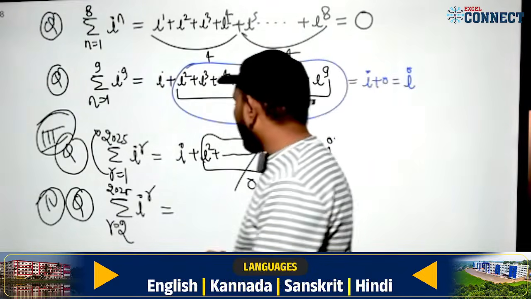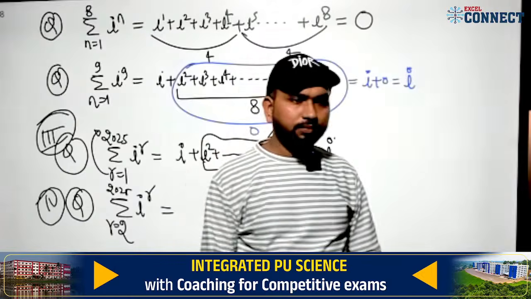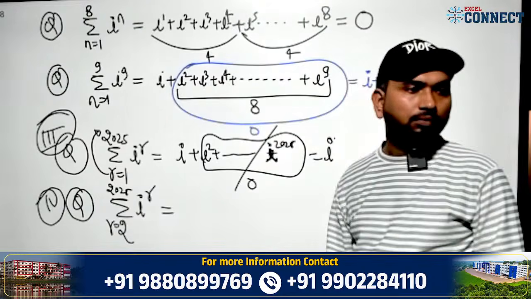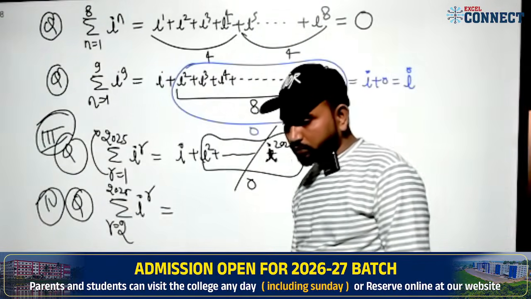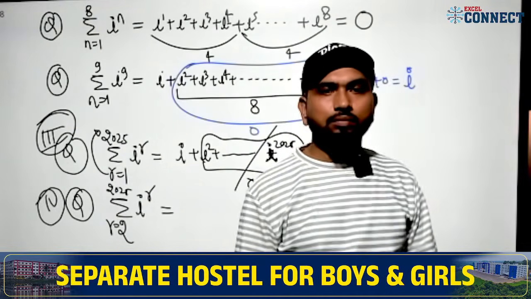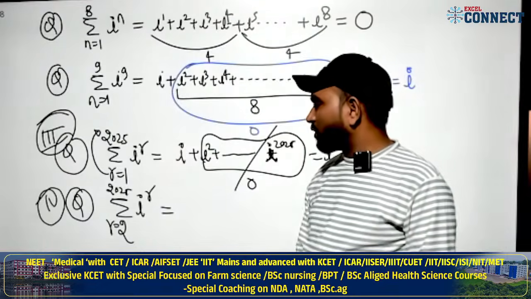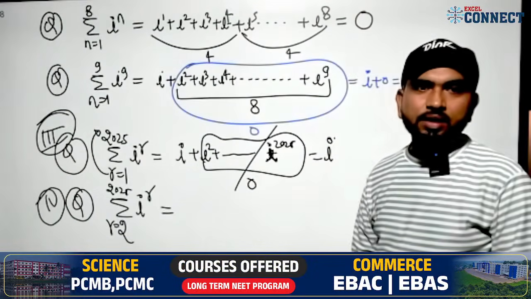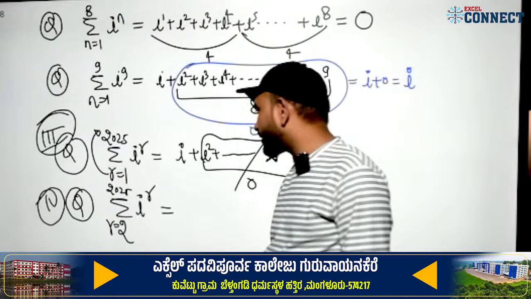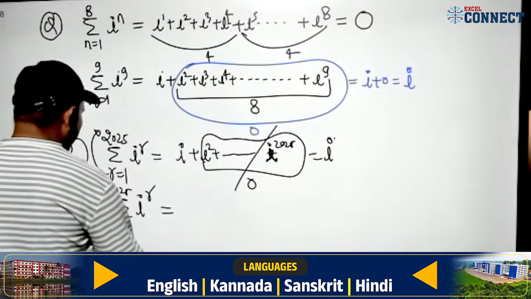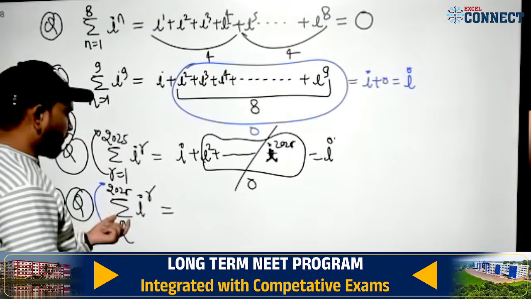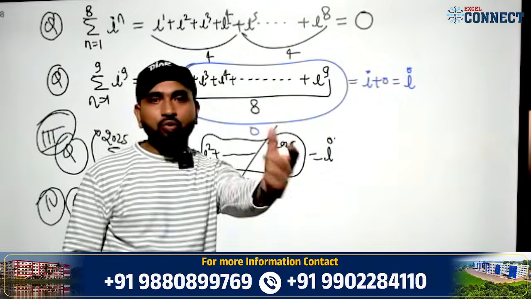Now solve the fourth portion. What is the answer? 0, correct, very good. 0 is the correct answer, because if the sum starts from 1 to 2025, there are 2025 terms. But starting from 2, iota is not correct.